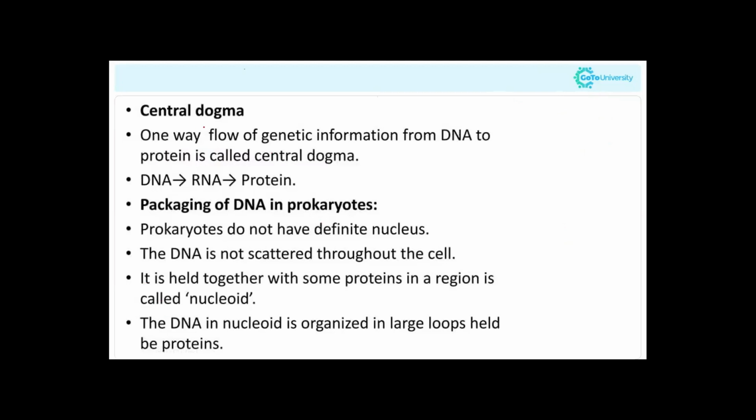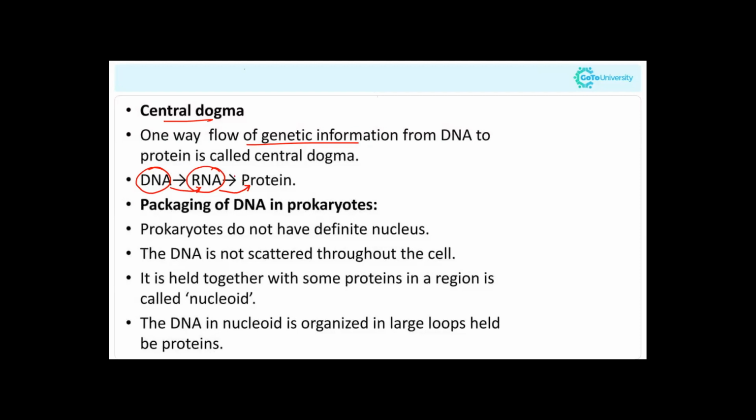Now moving to the next term, central dogma. The one-way flow of genetic information from DNA to protein is called central dogma. That means the genetic information in DNA is transferred to RNA, and from the RNA it is transferred to protein.